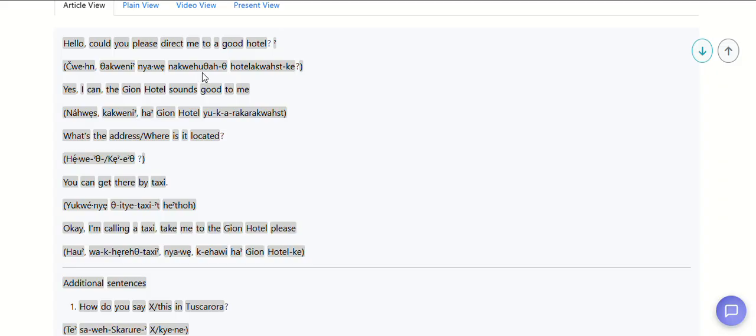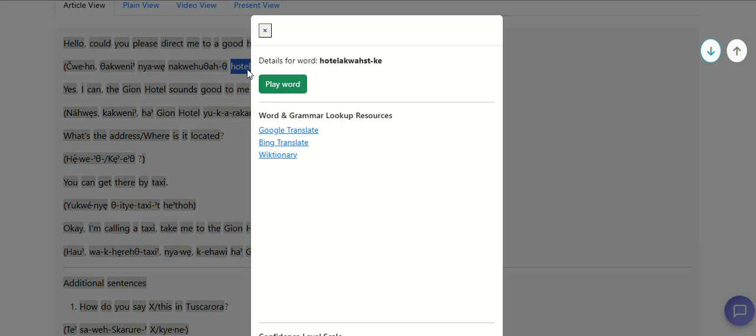This came straight out of the dictionary, so I'm not exactly sure what the root or the main stem of this verb is, but this is what came out of there. And then Otelaquast. Quast means good. Then that joiner again, the same joiner that's in Thakweni, and in hotel. There's no word for hotel in the dictionary.